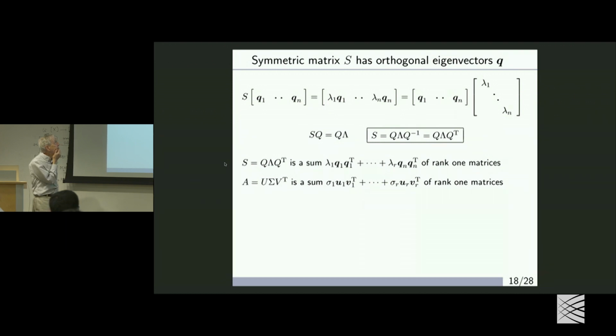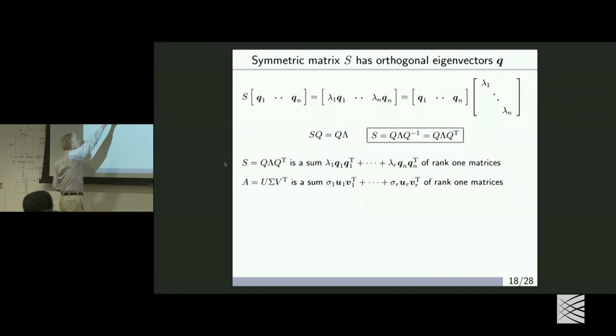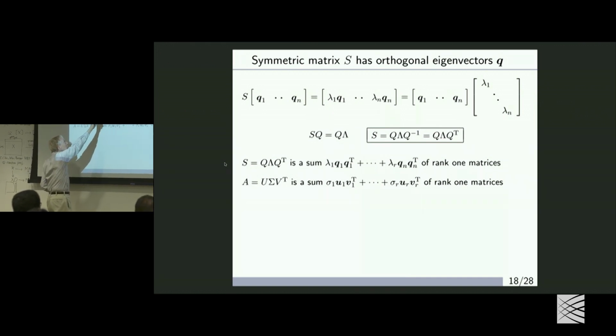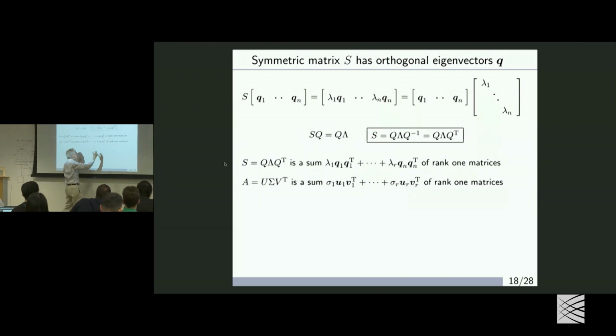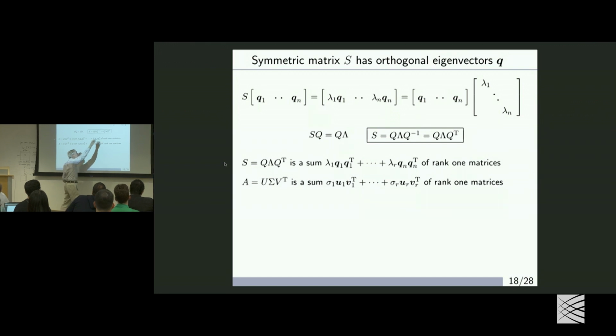So here we have eigenvalues and eigenvectors. So line 1, S is our matrix. What are the Q's? Those are the eigenvectors, and I'm using Q because they're orthogonal. So S times Q, the whole point of eigenvalues, is lambda times Q. And then from that second line, lambda 1, Q1, going along, I split it apart with the Q times the diagonal matrix.